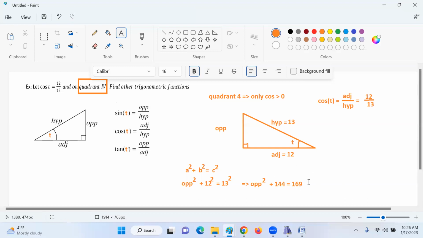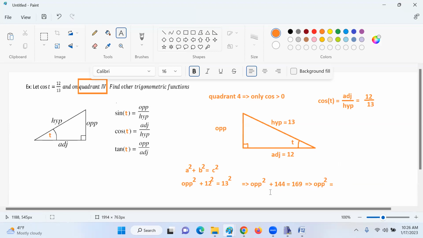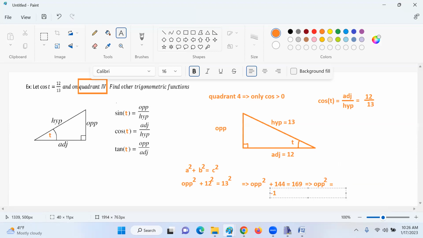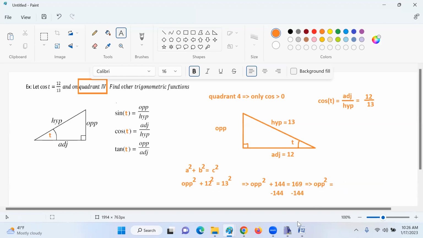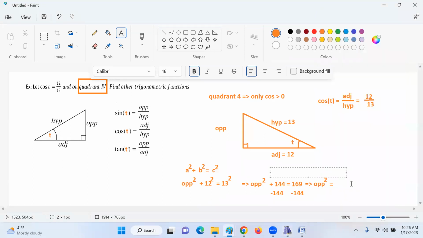And then we can subtract. We get the opposite squared equal to, so we're going to subtract 144 from both sides. We take 169 minus 144, so we get 25.